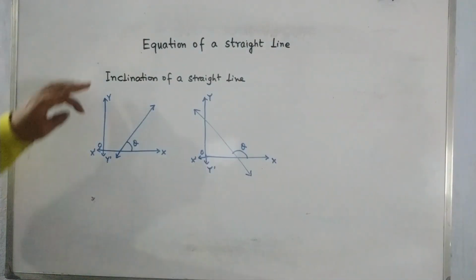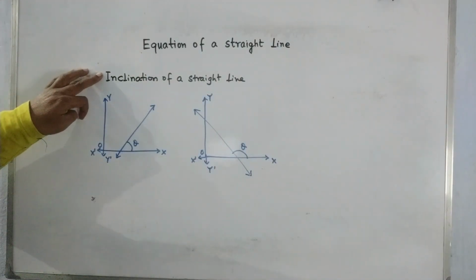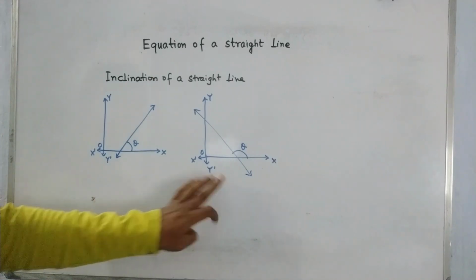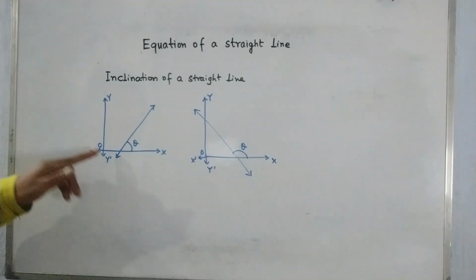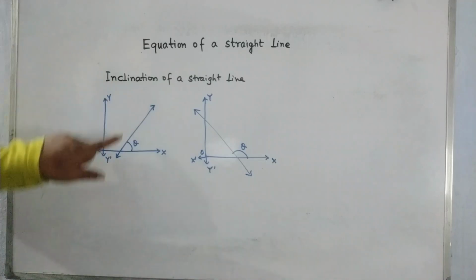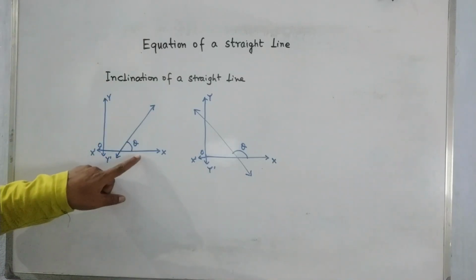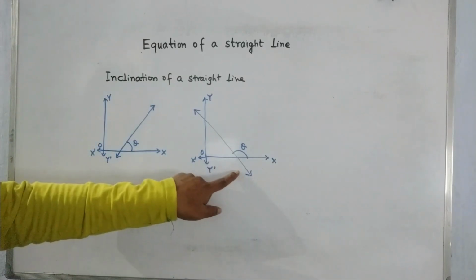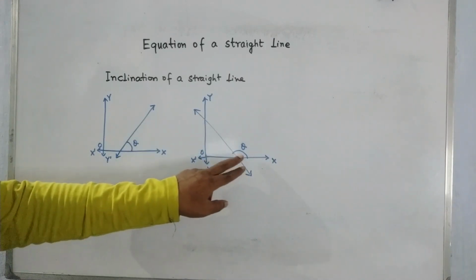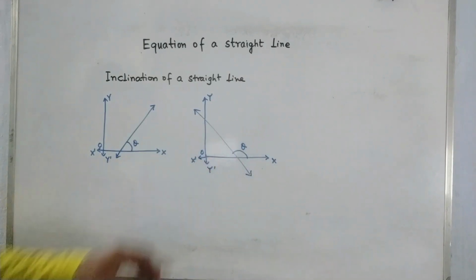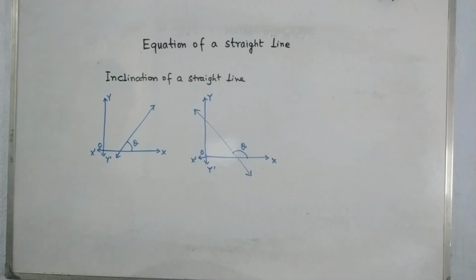As you can see, inclination of a straight line. There are two pictures where the straight line is making angle theta with x-axis, and here also the straight line is making angle theta with x-axis. But what is called inclination? Inclination is the angle which a straight line makes with the positive direction.